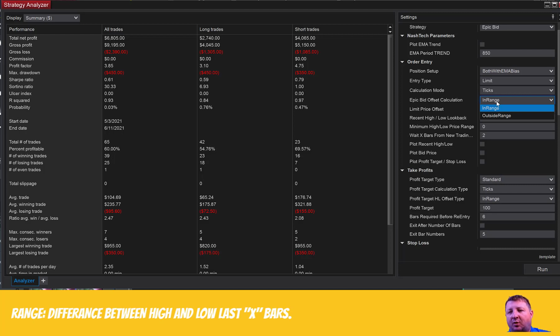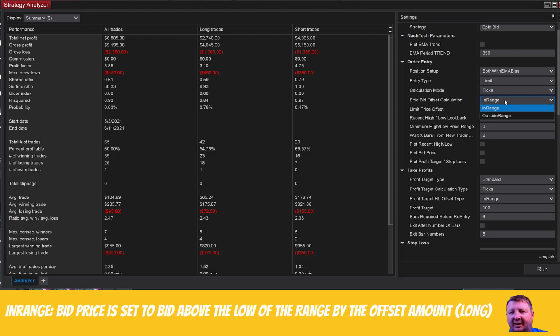You have a range of 20. And this is going to bid above that range this many ticks. I was saying currency, 80 and 100, but you get the idea. Outside of the range, this is going 15 below the low.